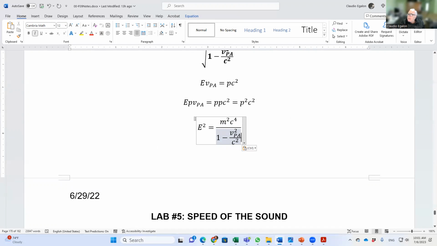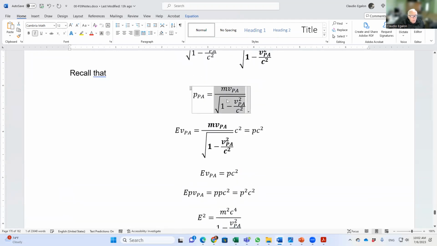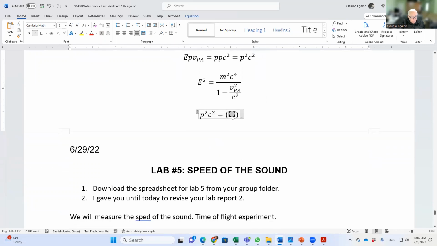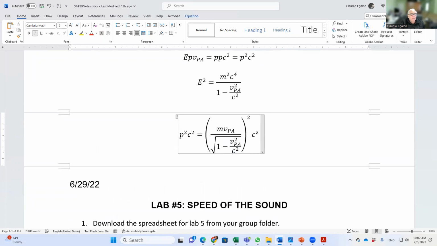Why are we doing that? There's a reason why I'm doing that. Just recall, we go p squared times c squared. I'm going to have my p squared here. That's my p squared, and that's my c squared, right?